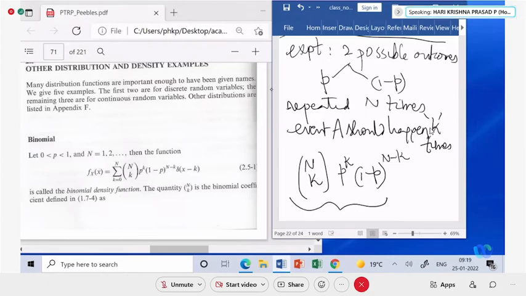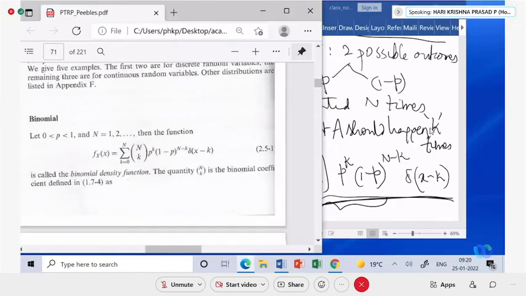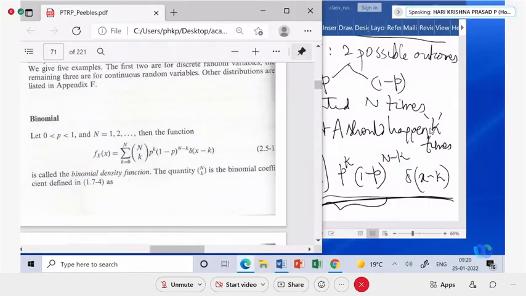When I want to write down the expression for the density function, I have simply added one term, the impulse function, and said this is the density function. See, the same thing is listed over here. It says p is bounded by 0 and 1, and n can take any value.